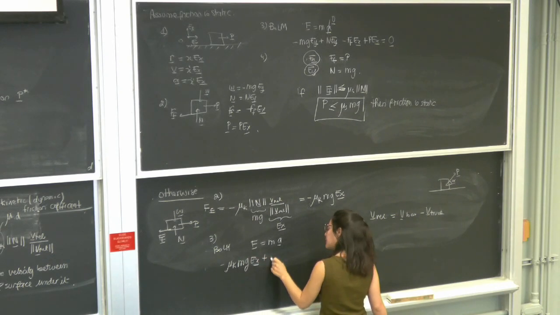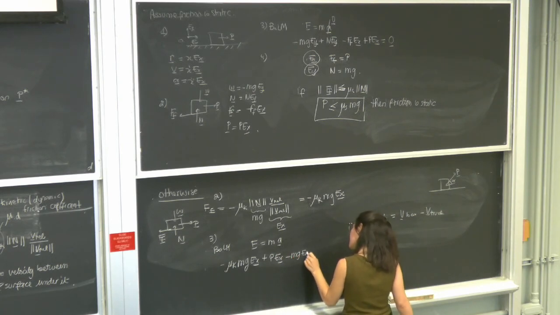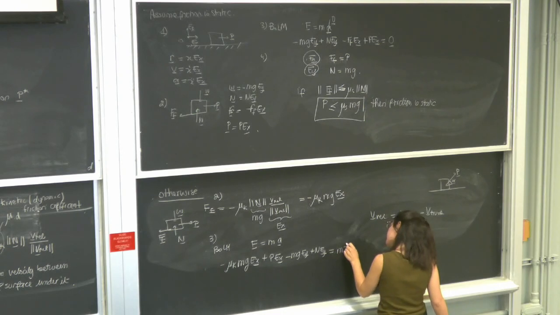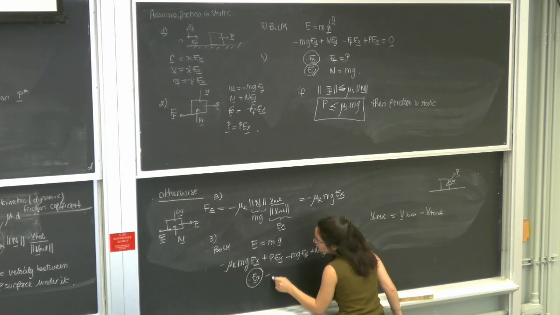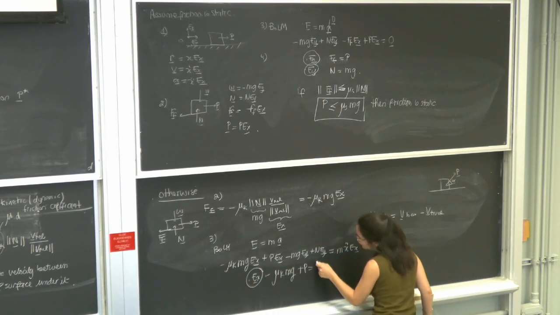plus P Ex minus mg Ey plus N Ey is equal to m x double dot Ex. Okay, and I can project along Ex to get that minus mu k mg plus P is equal to m x double dot.